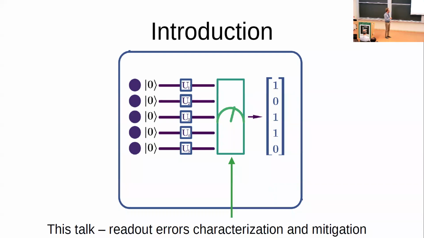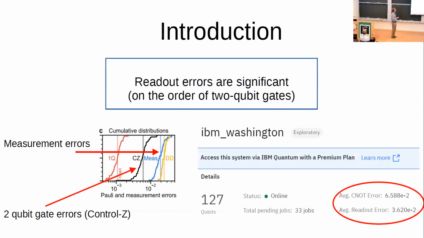As we heard in the previous talk. But here I'm going to focus on the errors that occur during the measurement stage when you measure your qubits. And the point is that if you look into some characterization data of single qubit measurement errors that do not take into account correlations, you can see that those errors are quite significant because they are on the order of errors of 2 qubit gates.